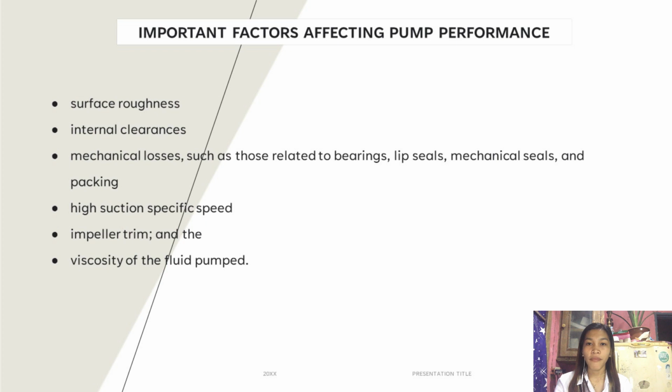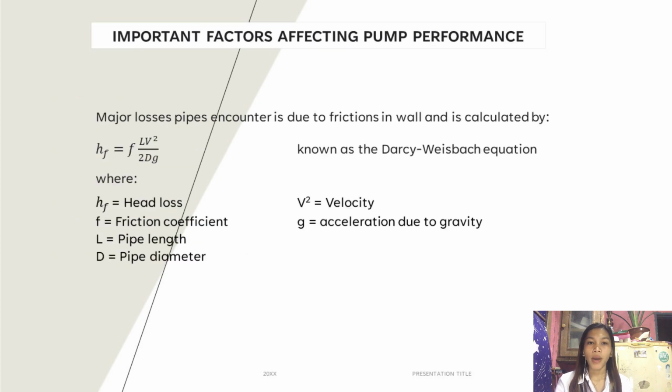Important factors affecting pump performance: surface roughness, internal clearances, mechanical losses such as those related to bearings, lip seals, mechanical seals, and packing, high suction specific speed, impeller trim, and the viscosity of the fluid pumped. Pumps are usually used to move liquid to a higher region. As liquid is pumped through the pipes and fittings, friction will oppose the flow.